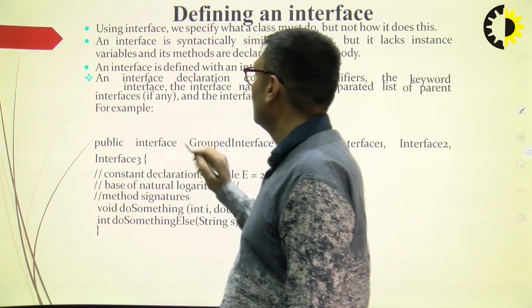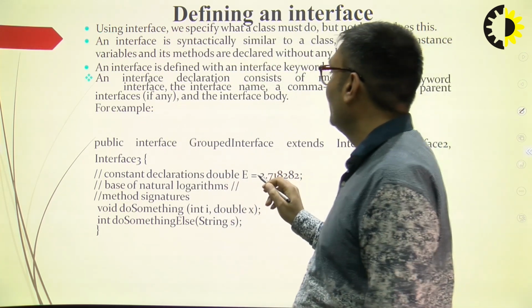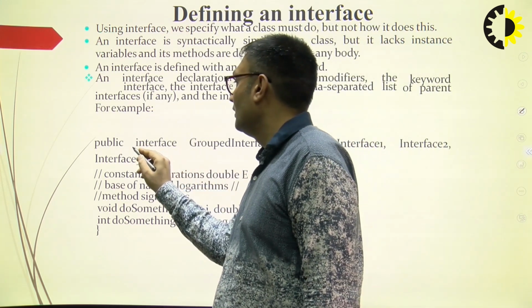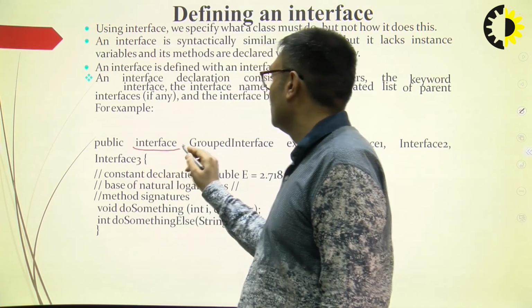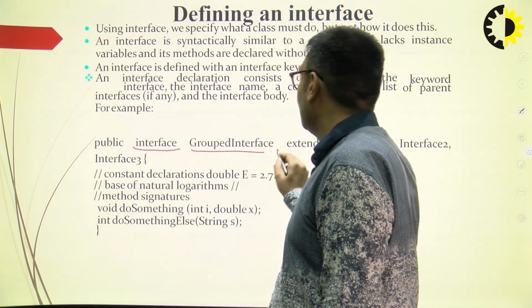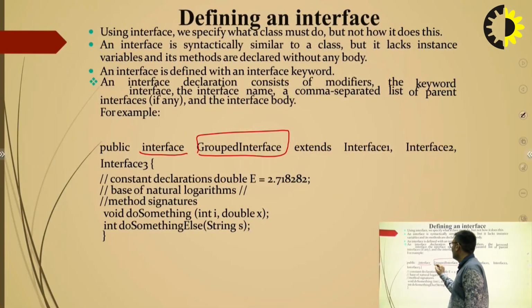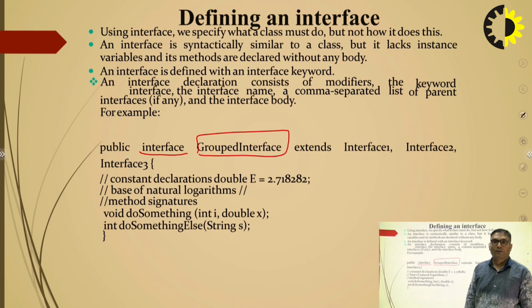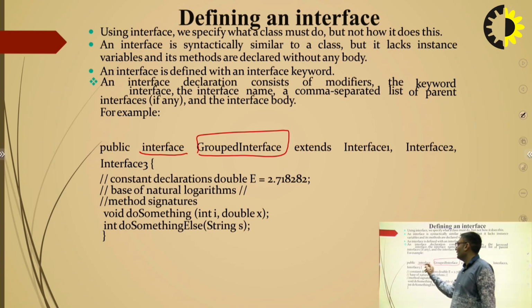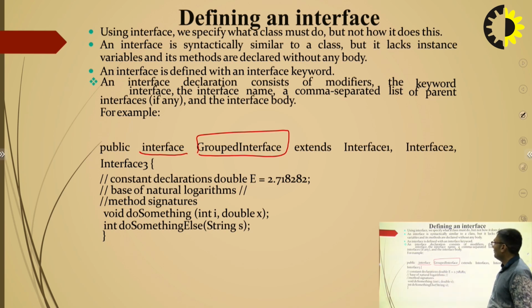Here is an interface named group interface. But as we write class before the name of a class, here we will write interface as a keyword before the name of the group, and it extends multiple interfaces.